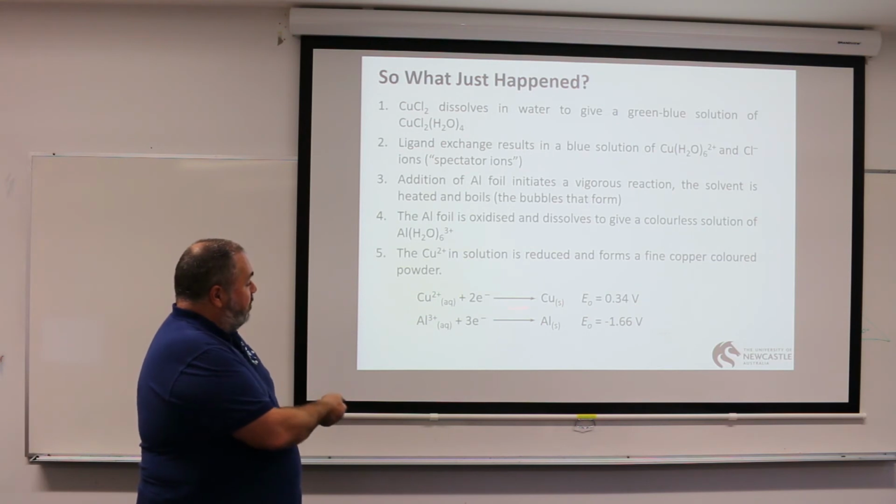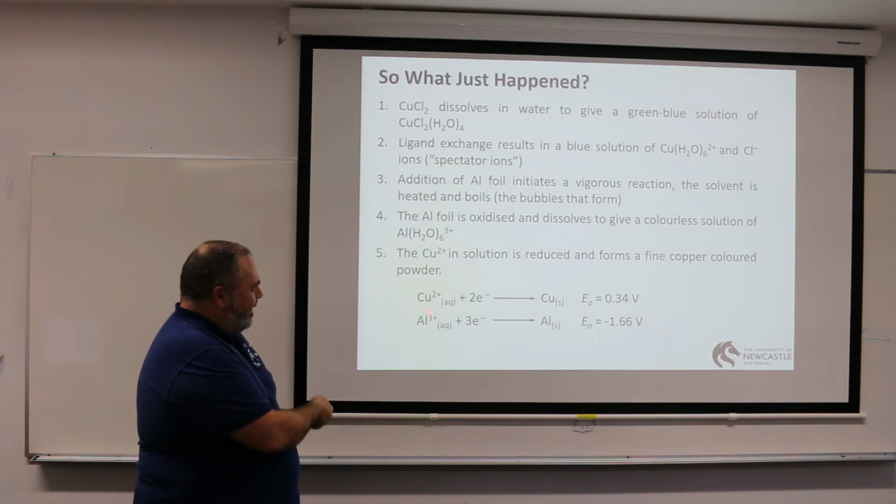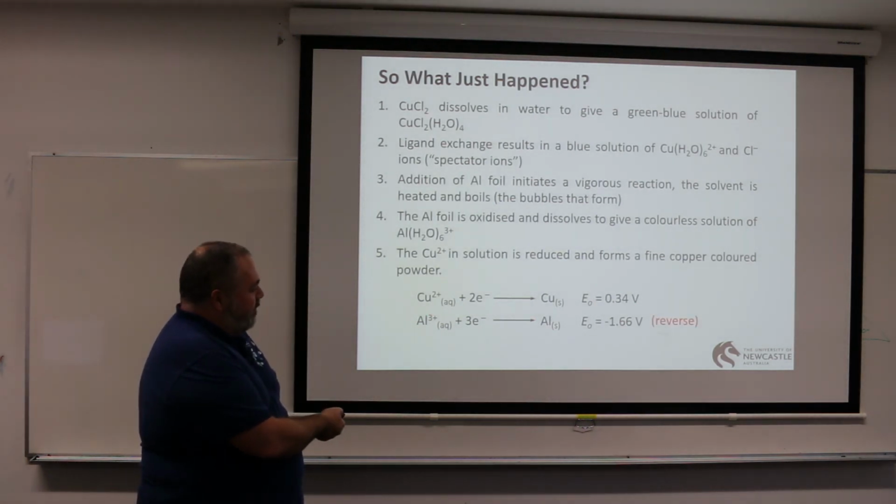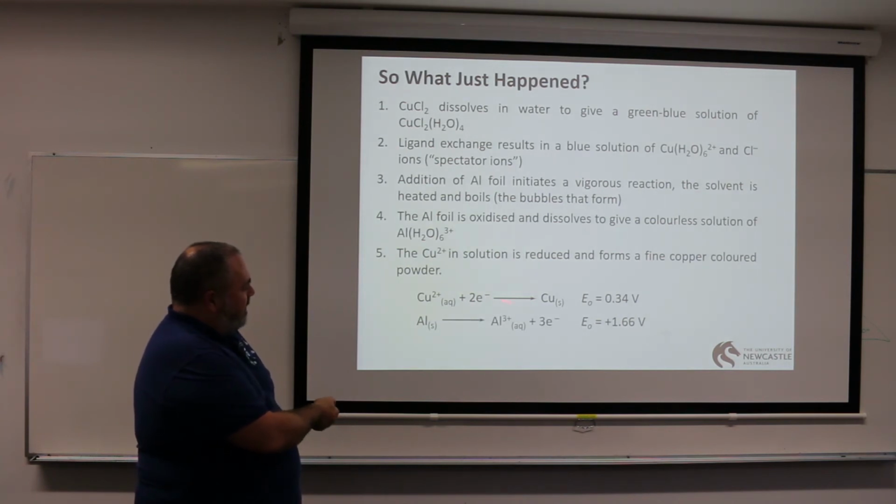We've taken our copper 2+ to copper metal half reaction and our aluminium half reaction. We need to reverse our aluminium reaction. We now need to make sure that the number of electrons is the same for each half reaction. The lowest common multiple of 2 and 3 being 6, we need to multiply this by 3 and this by 2, and so we get this.